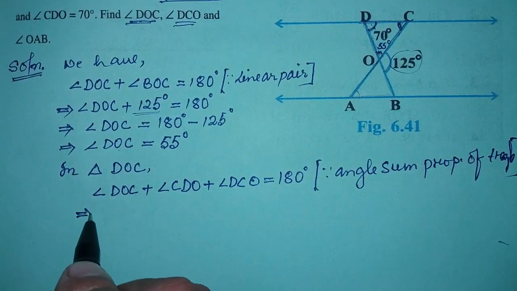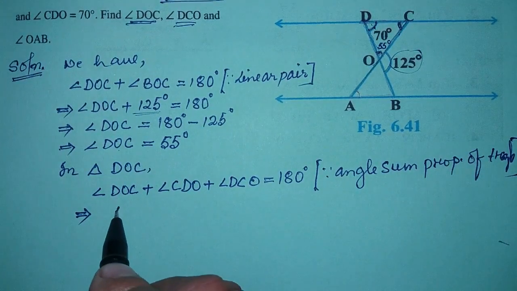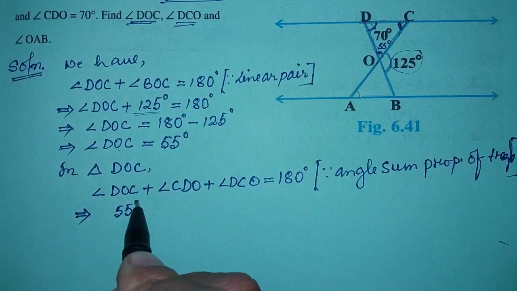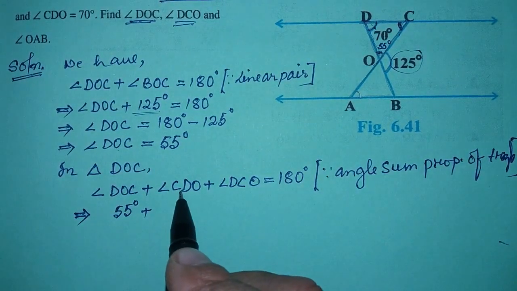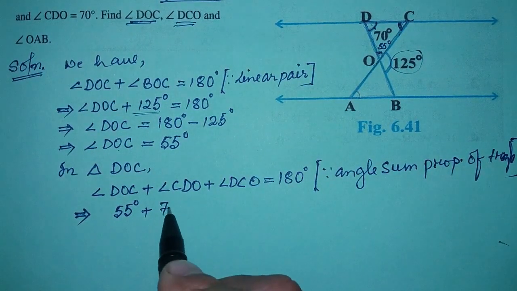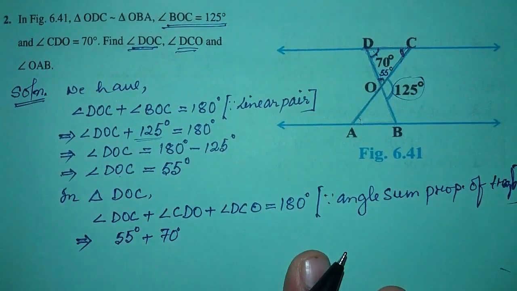Now angle DOC is 55 degrees, plus angle CDO is 70 degrees, which is given here.